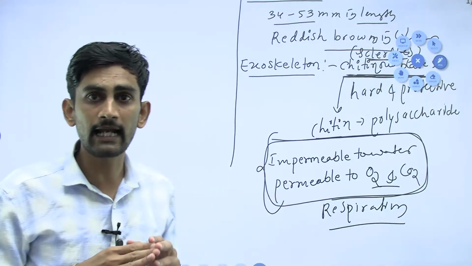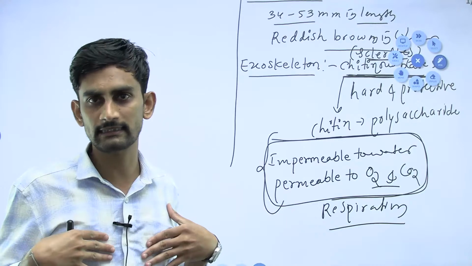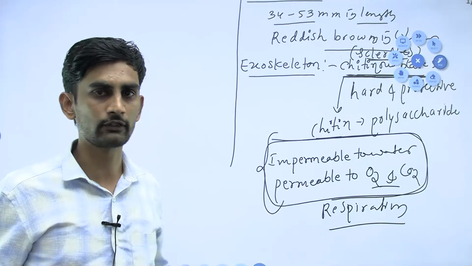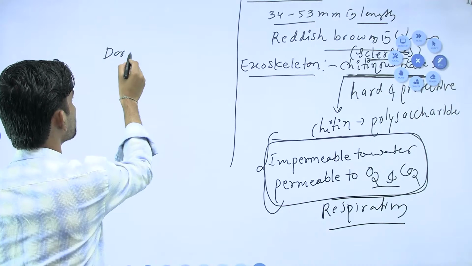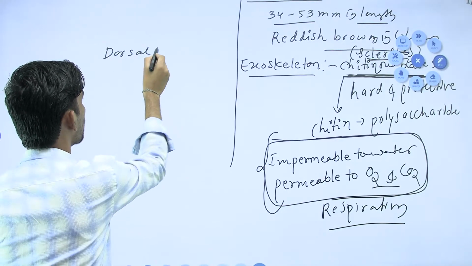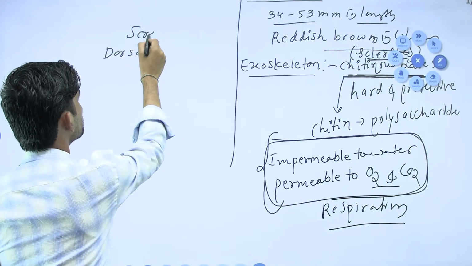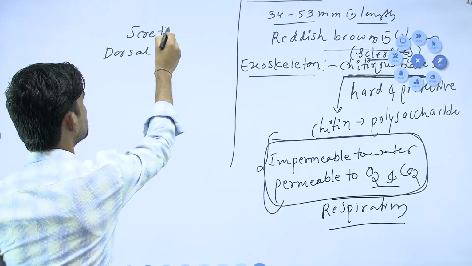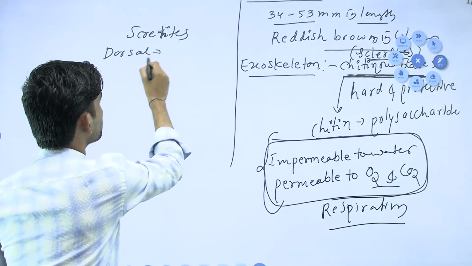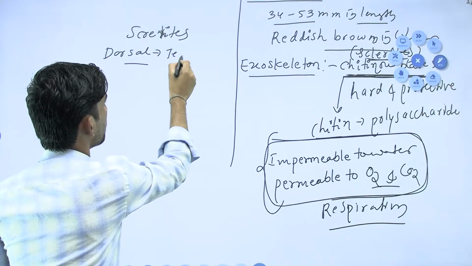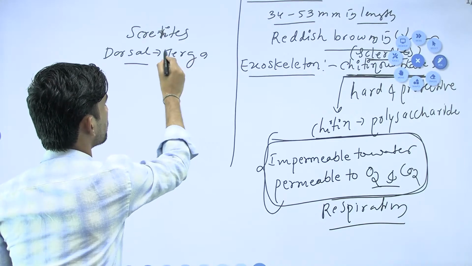So these sclerites, if they are present on the dorsal surface, are you getting my point? If these sclerites are present on the dorsal surface, we can call them terga. Underline this word.